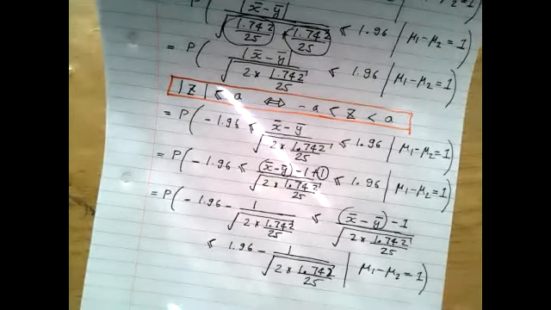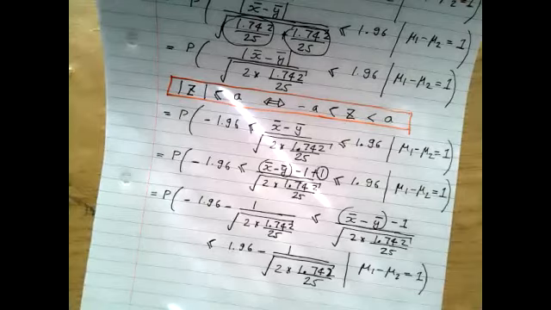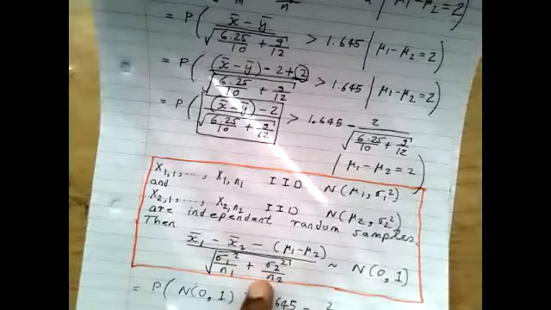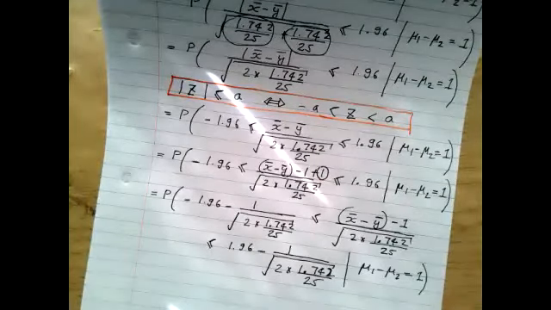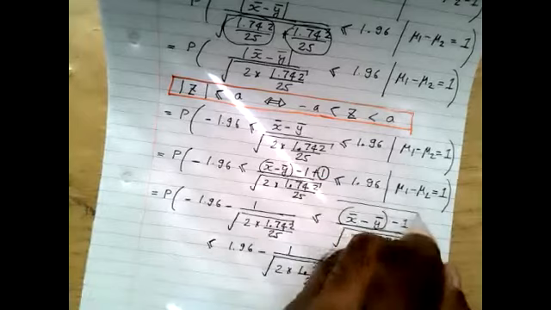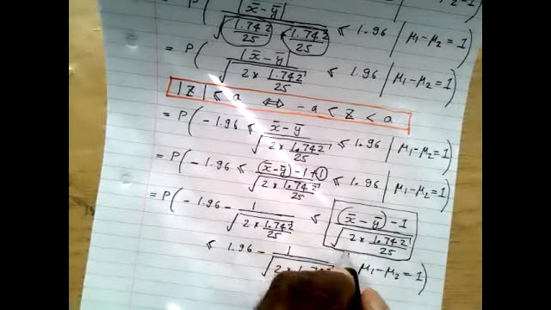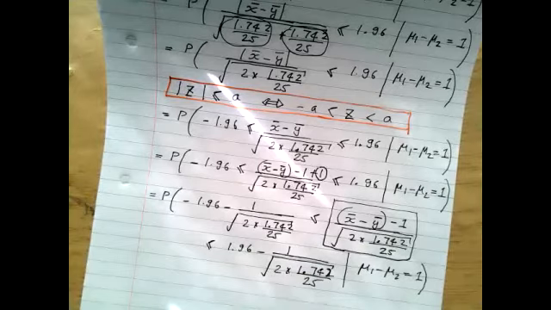All right, now, because of the argument that I just showed you a few minutes ago, because of this result which I mentioned, this guy here must have the standard normal distribution, right? By the same argument.